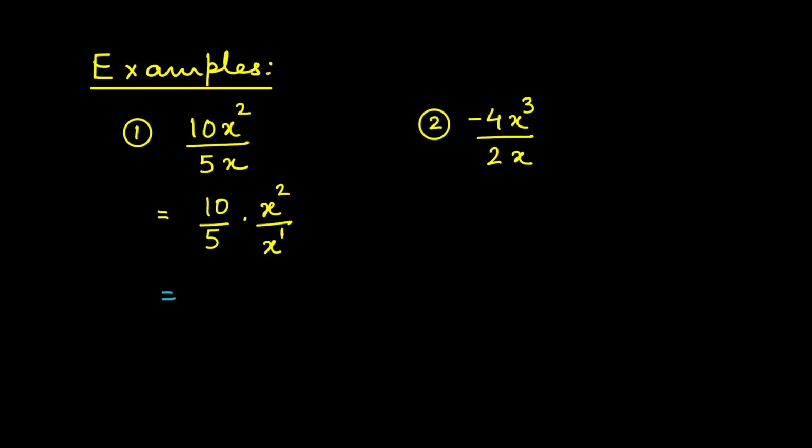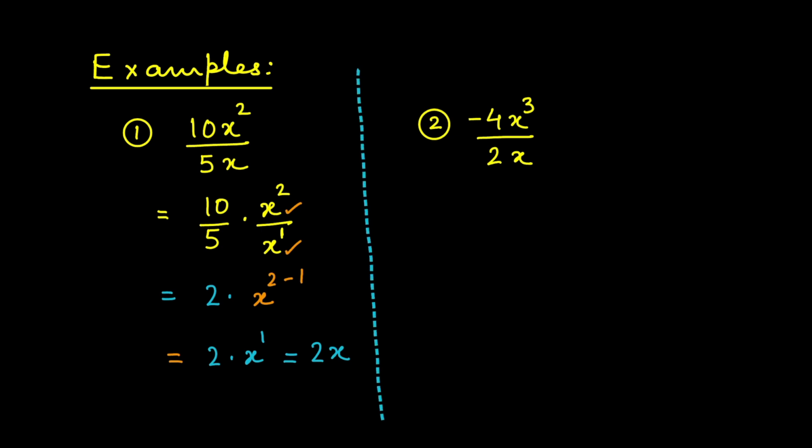Then 10 divided by 5 is 2, and the variable is same, so the base is same, so we subtract the powers. The powers are 2 and 1, and we get the answer as 2 times x to the power 2 minus 1, which is 1, so x to the power 1, which we can just write as 2x also.